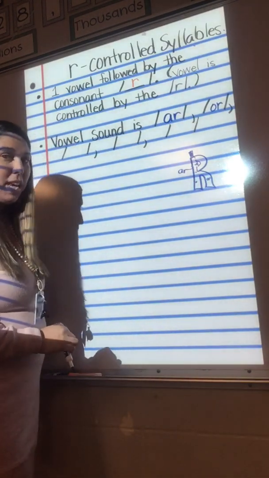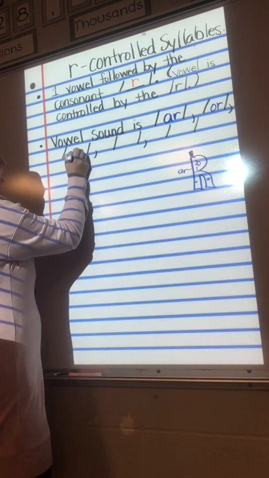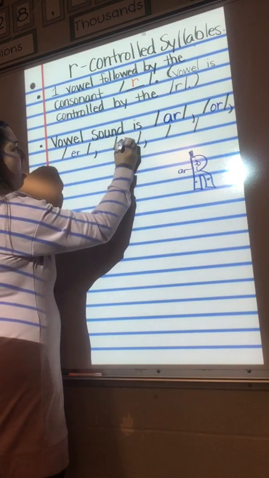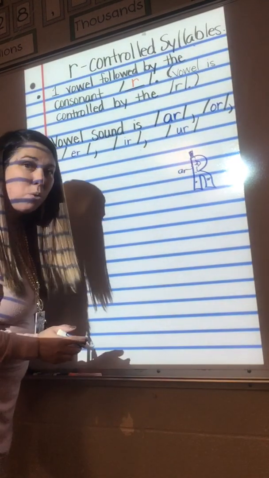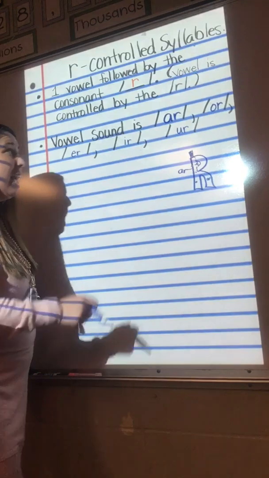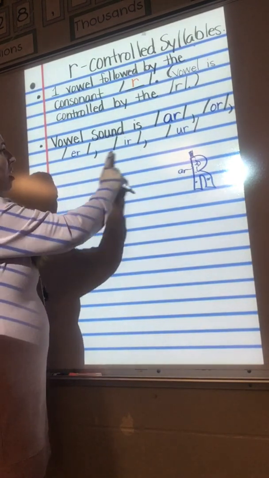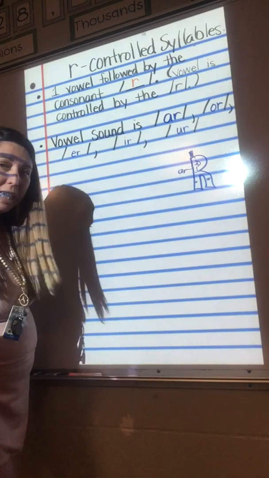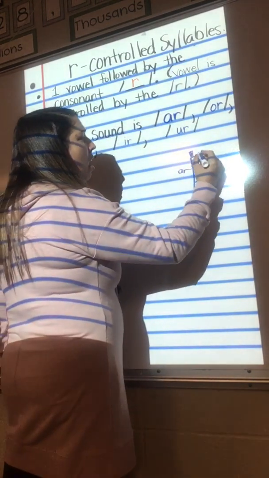Say that word with me, curve. So ER, IR, and UR all say the same sound, and it can get very tricky in our English language. But just know that ER, IR, and UR all say the same sound, and they live here on the curve.